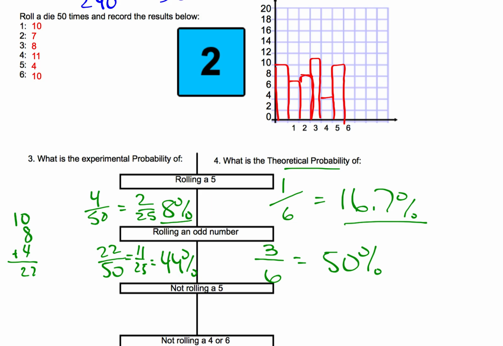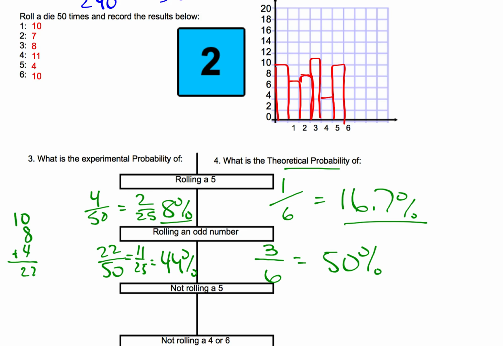Okay, not rolling a 5. 2 ways I can do not rolling a 5. Realizing that not rolling a 5 and rolling a 5 are complementary events, I can just take 100%, subtract the probability of rolling a 5. Or I could add up the times that we got a 1, 2, 3, 4, or 6, and then put that over 50.